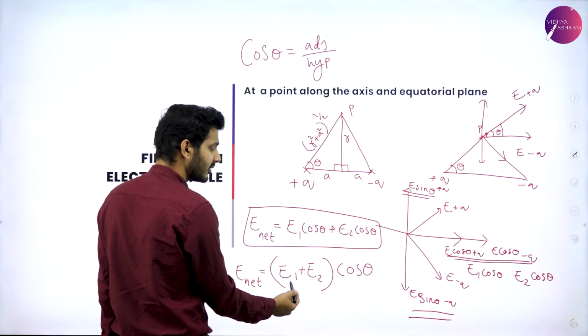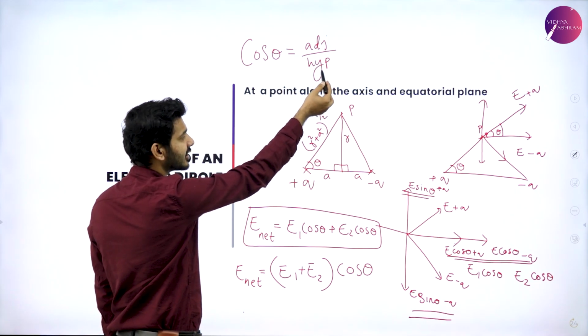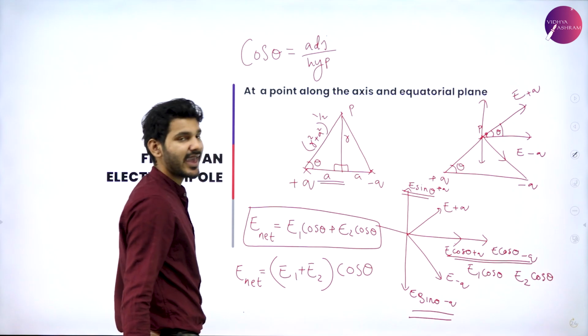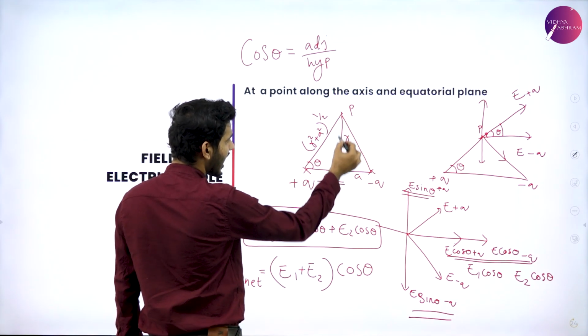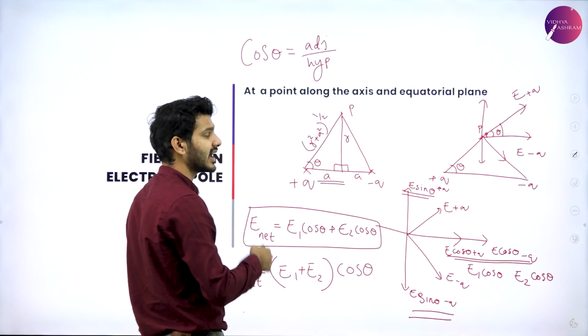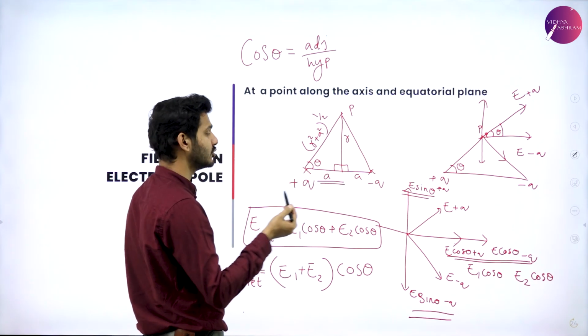Okay, so E1 plus E2 times cos theta, and cos theta is nothing but adjacent side by hypotenuse. The adjacent side here is nothing but A. Why? Because R is exactly coming from the center, so it divides the dipole into two equal parts. That is, the length of the dipole is 2A.